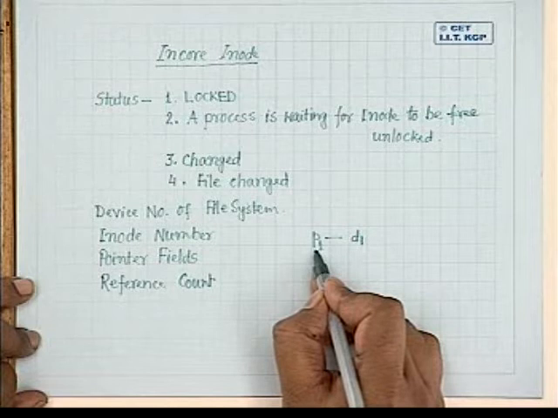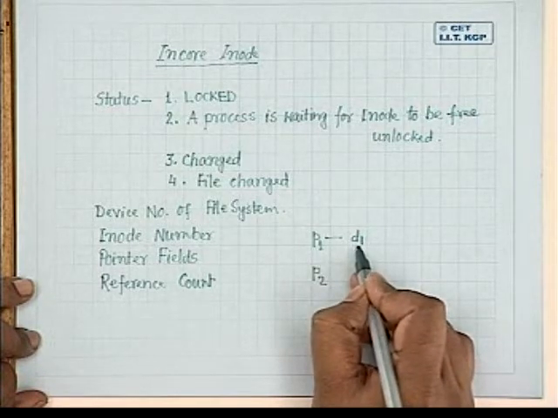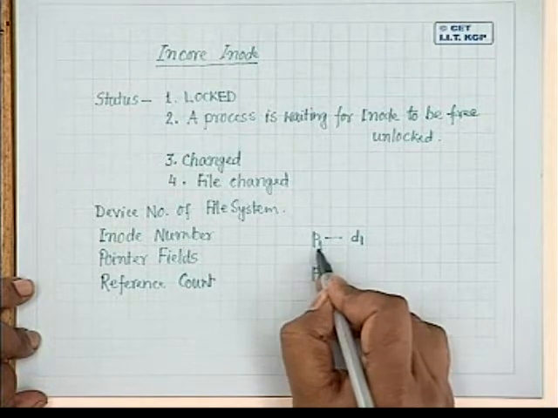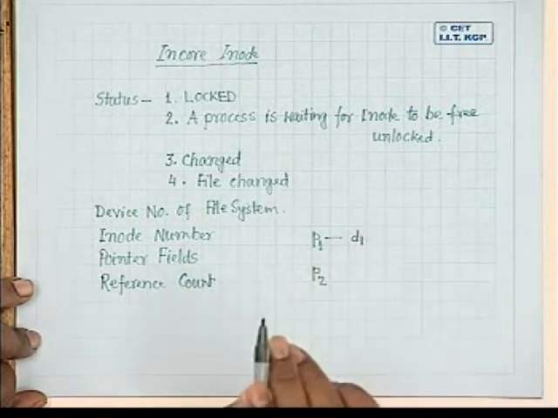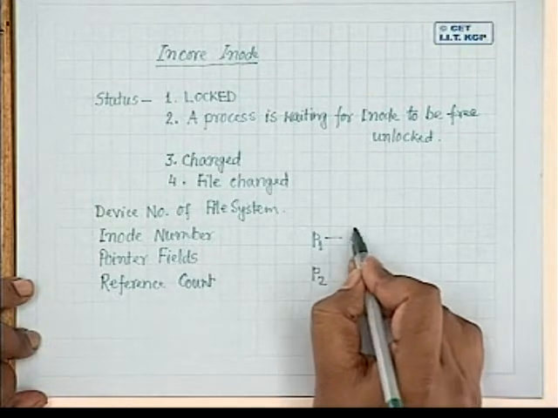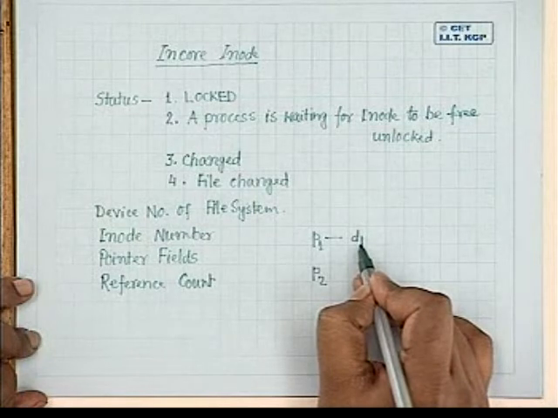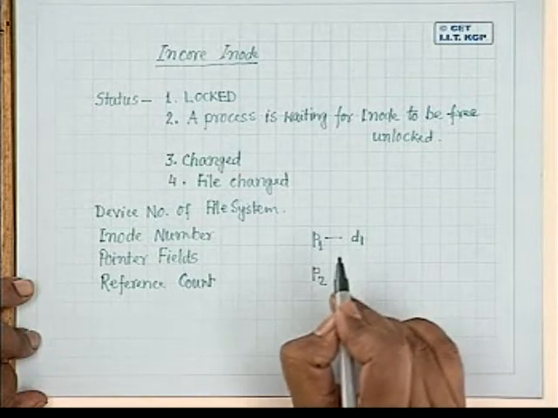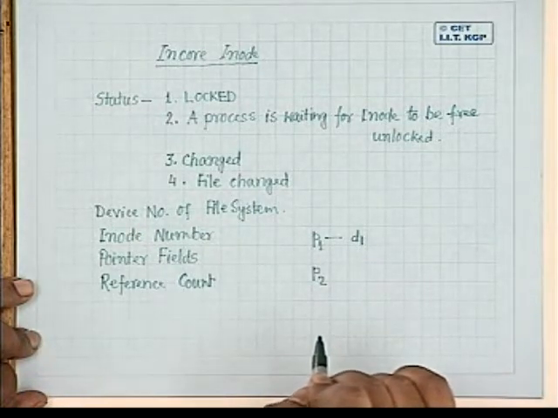So when process P1 wants to read a byte at an offset D1 from the file, the process P1 has to use the inode, because the block address of this offset D1 of the file will be available from the inode only. That is contained in the inode table of contents.